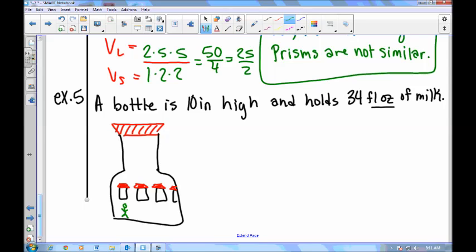So there's our person. Obviously the person is smaller than the building, right? So we have a building in the shape of a milk carton, and we're given that it's 480 inches tall.